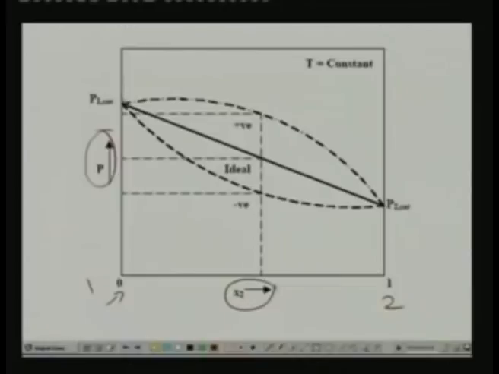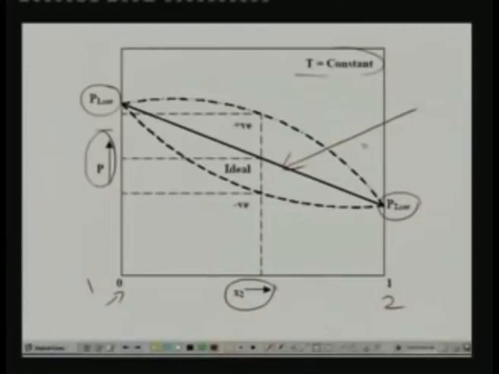That is why the pressure here is nothing but the saturation pressure of component 1, and the pressure here is the saturation pressure of component 2. Remember that the temperature is constant here, and if the solution behaves as an ideal solution, you have this line, because at any point the pressure is simply equal to x1 P1 sat plus x2 P2 sat. That is from your Raoult's law.